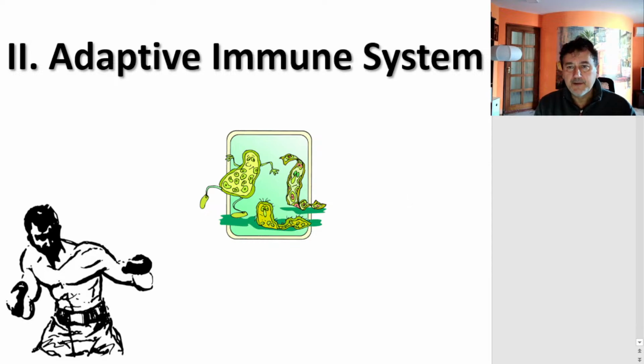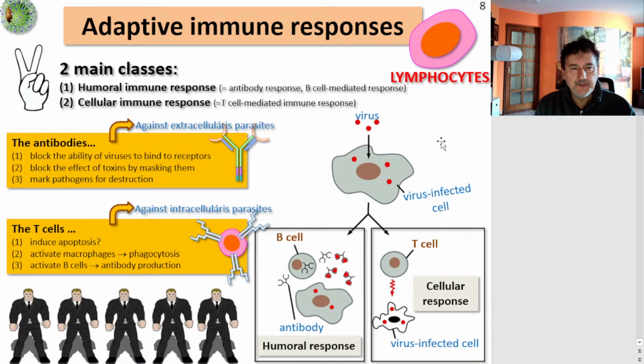Okay, so let's start discussing the adaptive immune system. Once again, there are two main classes of them, or subdivisions, maybe if you like it: the humoral immune system and the cellular immune system. We can say that the antibodies are against the extracellular parasites, such as the bacteria.